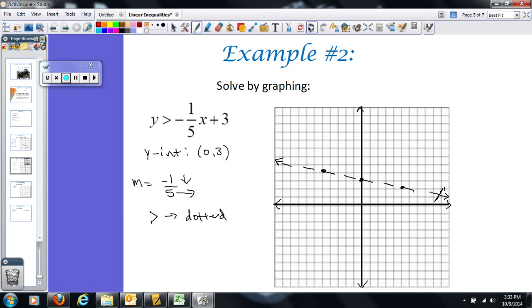This thing is being difficult. Alright, let's try this again. So, I'm going to draw a line that's perpendicular to the line of the graph. And it's greater than, so do I want to shade above or below? I want to shade above, so I'm going to shade this side. Okay? And that would be our answer for this problem.